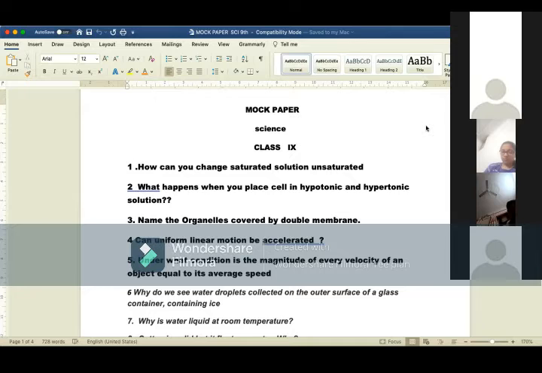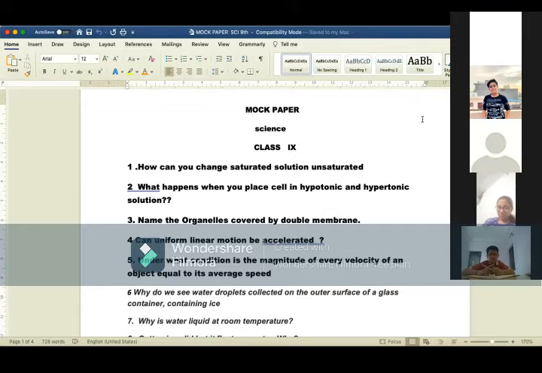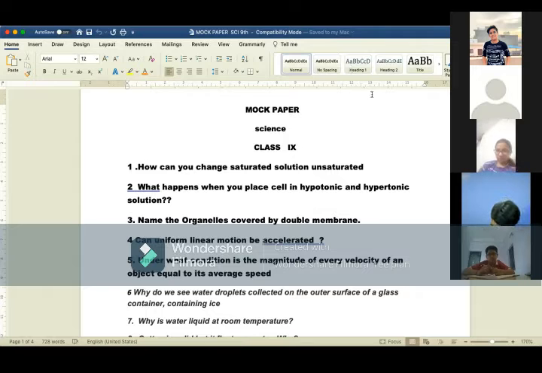Yes, have you written the answer? How can you change a saturated solution to unsaturated? What would you write in that? Yes, Mustafa. By heating the saturated solution.